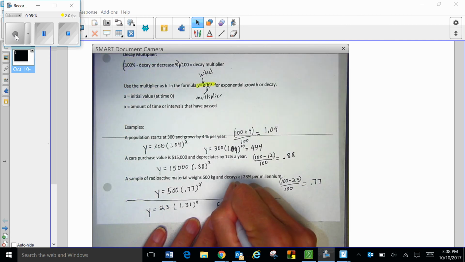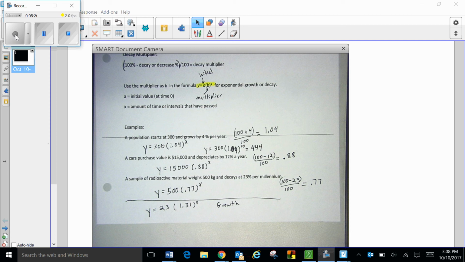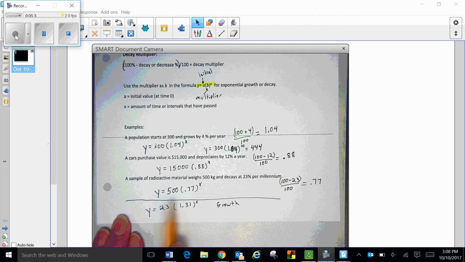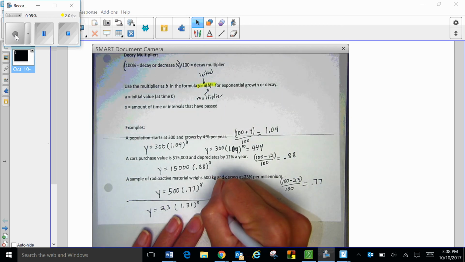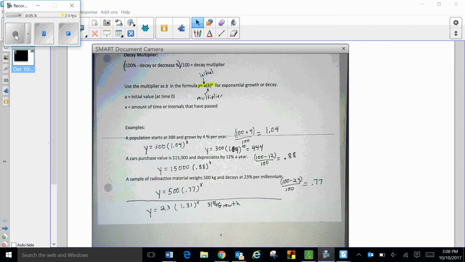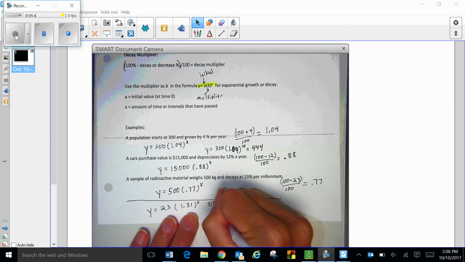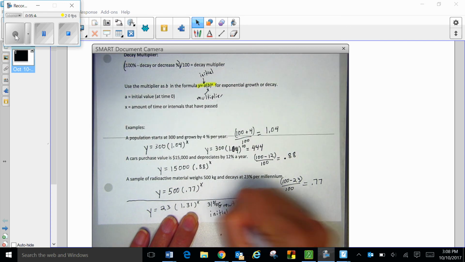Remember that we added it into 100%, so if we want to know how much the growth is, we just take off the 100%. Well, the 100% just shows up as that 1 in the decimal. So our growth would be 31%. And if we needed our initial value, it's going to be this number here. So we have initial value of 23. Whatever the problem tells you.